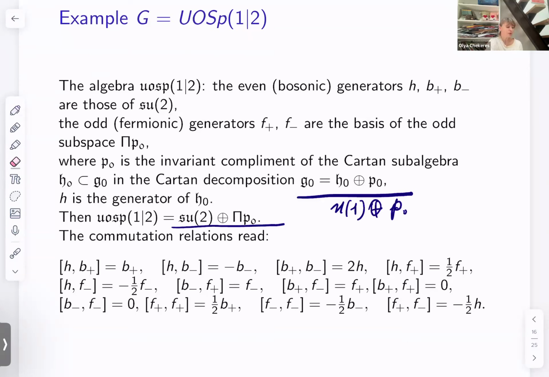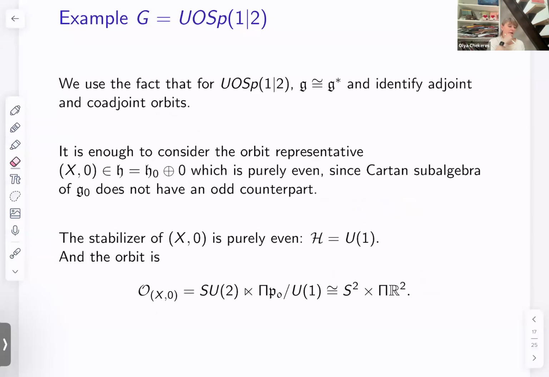So here are some commutation relations for this super Lie algebra. And then for this subalgebra, this is not always the case for the super version of Lie algebras.